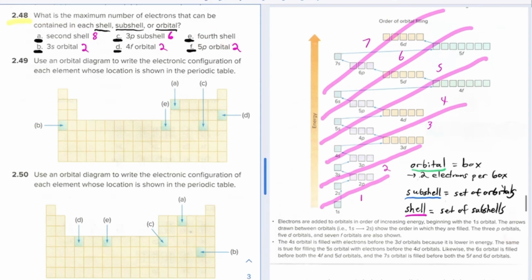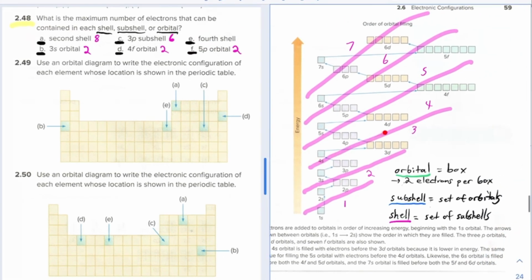That's all of those guys in here. So you've got 4 subshells in the 4th shell, with a total of 1 plus 3 is 4, plus 5 is 9, plus 7 is 16 orbitals. Each one holds 2. That's 32 electrons max.